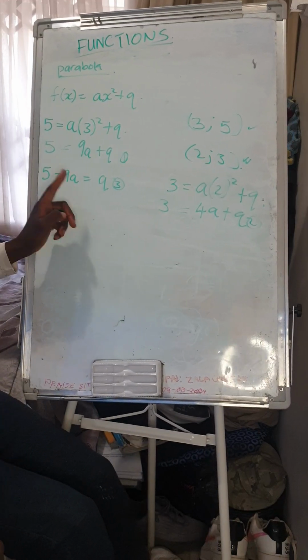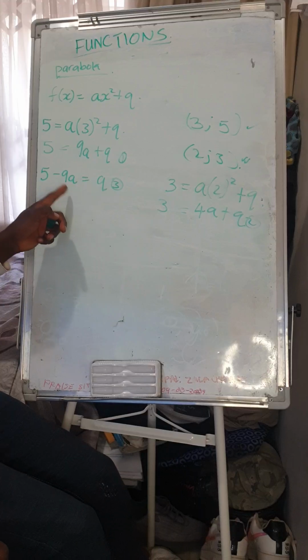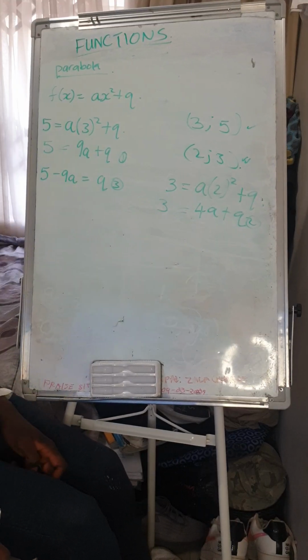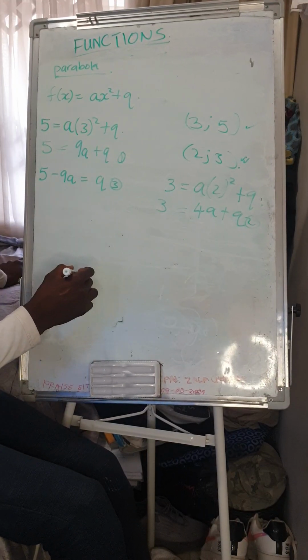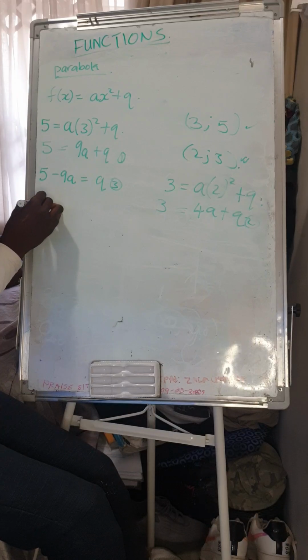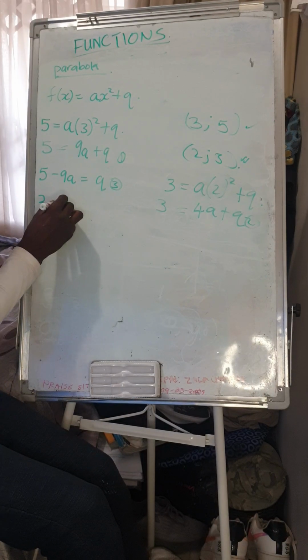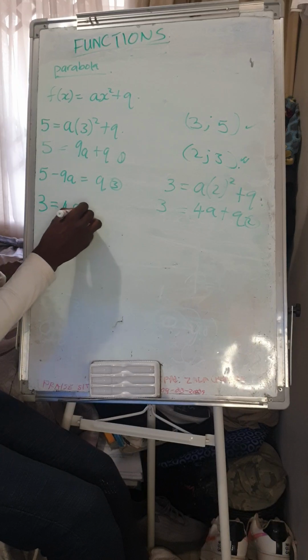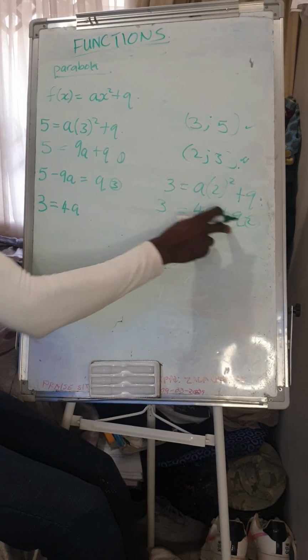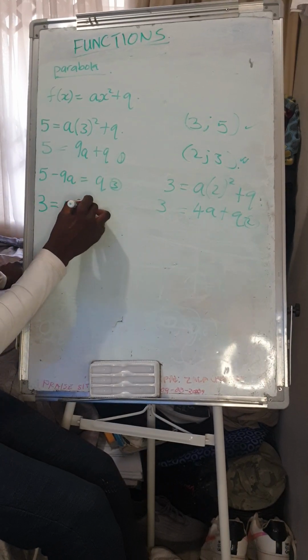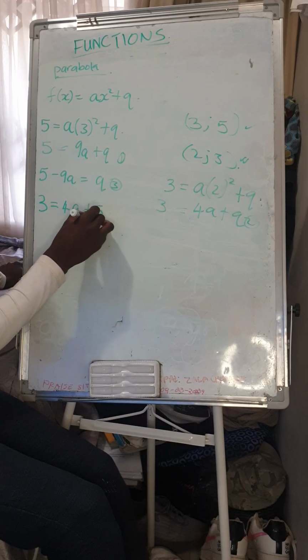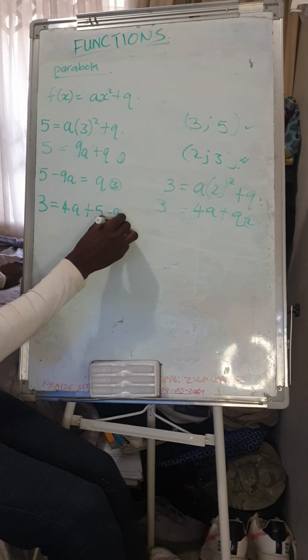Now take this newly designed equation and put it into the second equation. So we can continue and say 3 equals 4a, and in place of q we have this, plus 5 minus 9a.